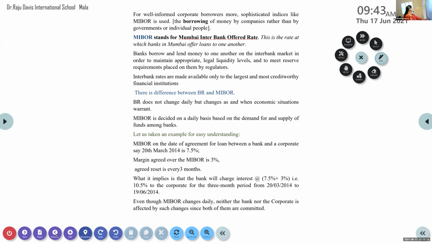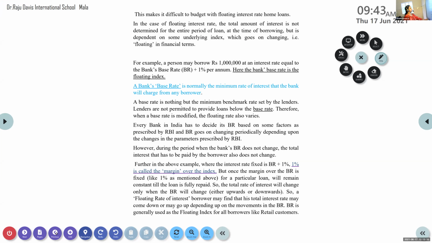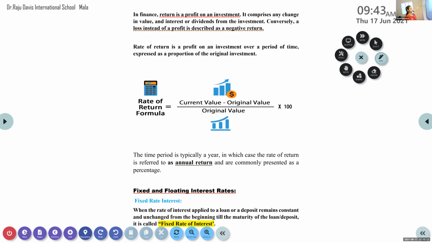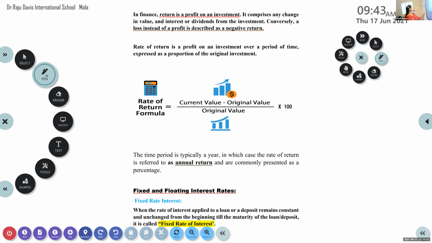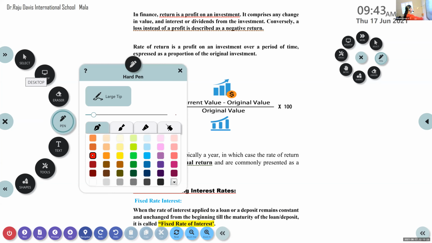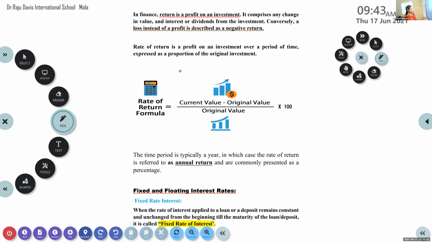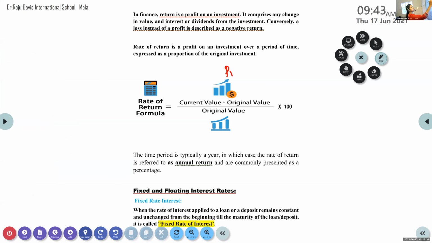Just a second. I'll give you an example. Suppose you purchase a house for 2,50,000 rupees.